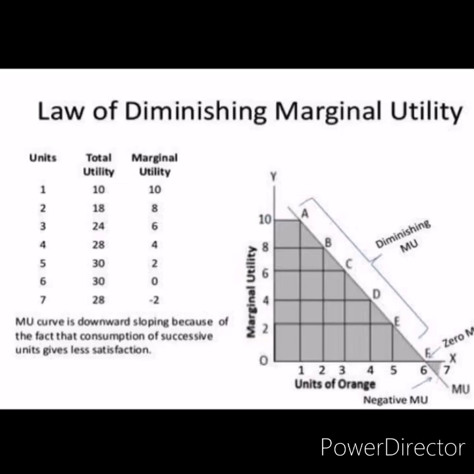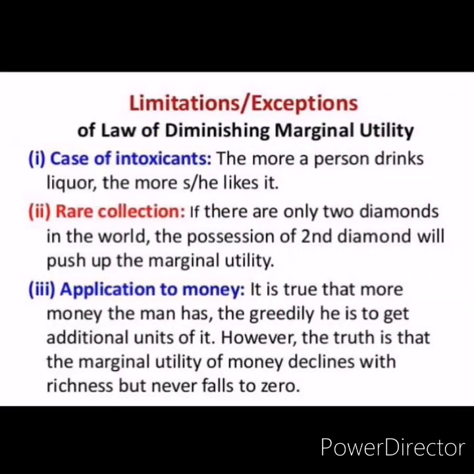As more and more units we consume, the additional satisfaction keeps on falling. That's why MU is always downward sloping. Is that clear?